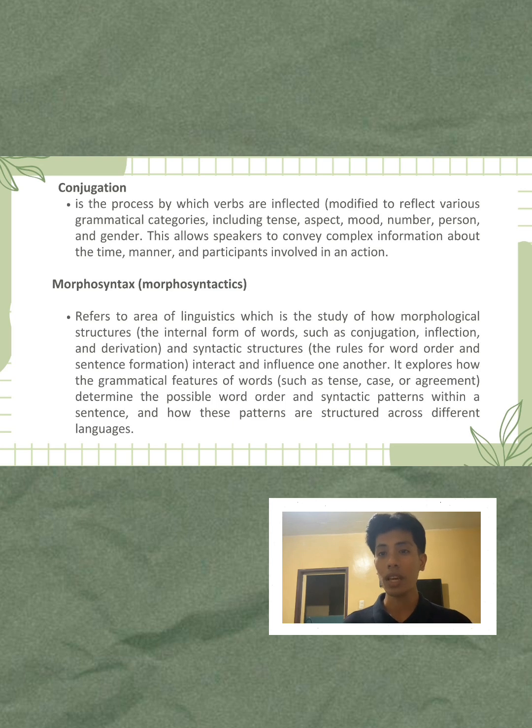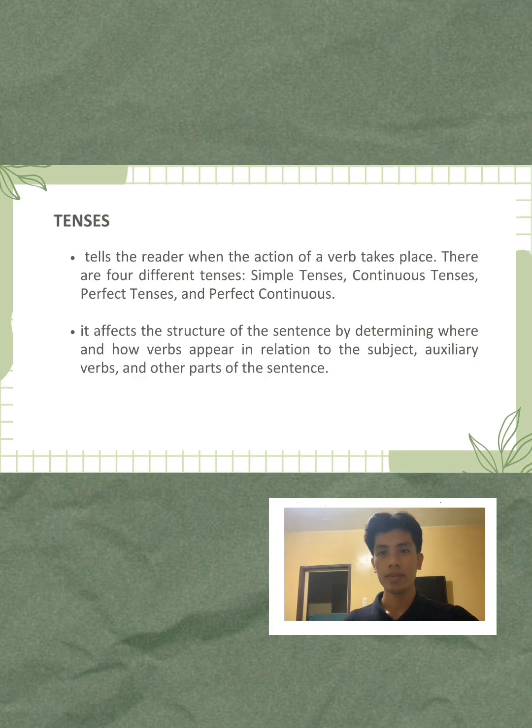It explores how the grammatical features of words, such as tense, case, or agreement, determine the possible word order and syntactic patterns within a sentence, and how these patterns are structured across different languages.